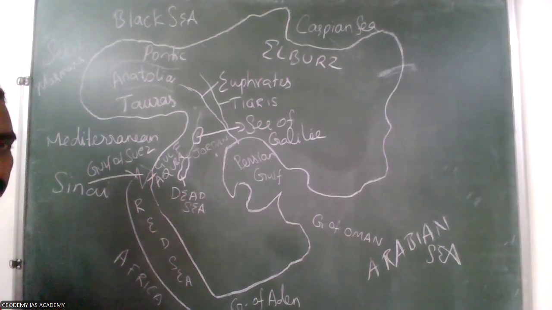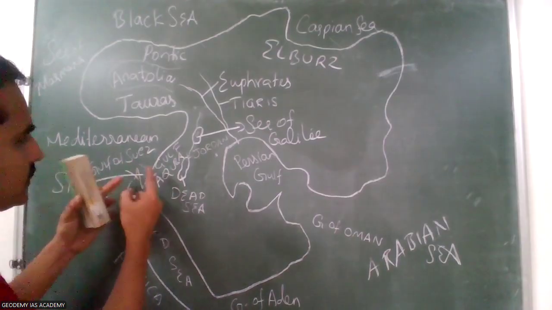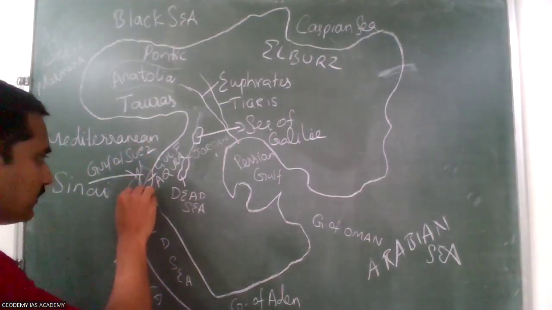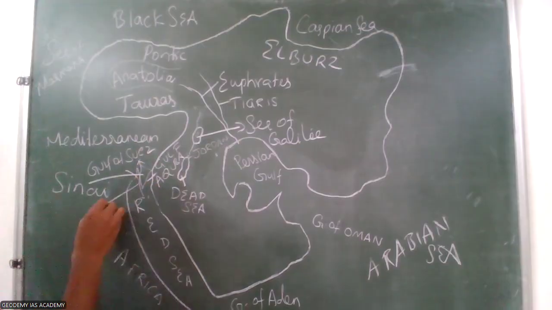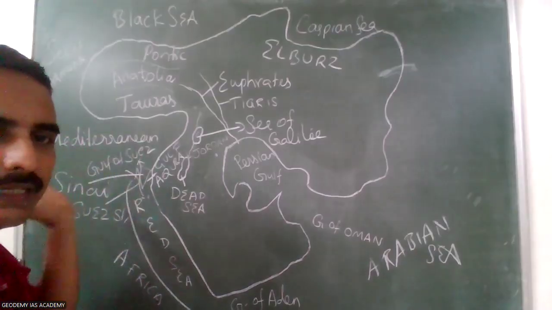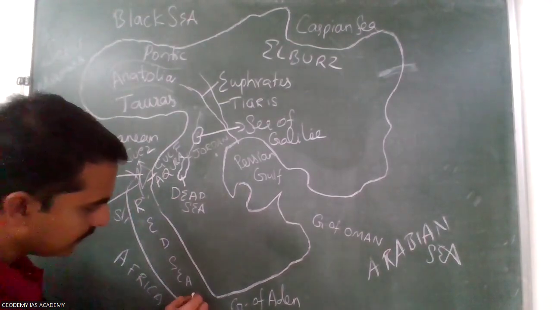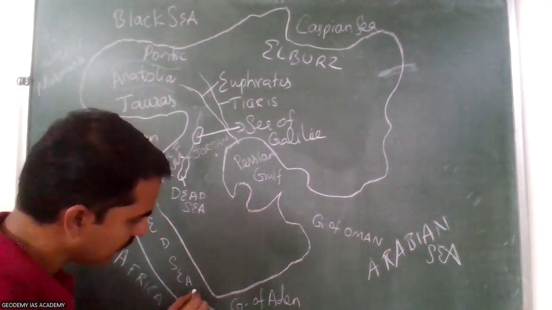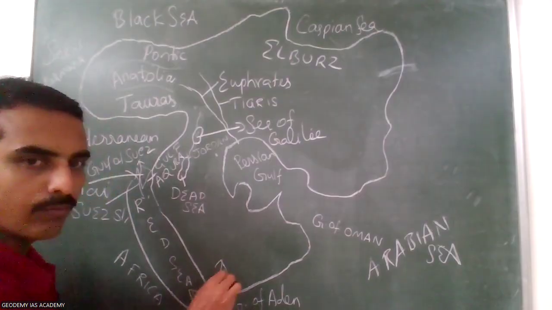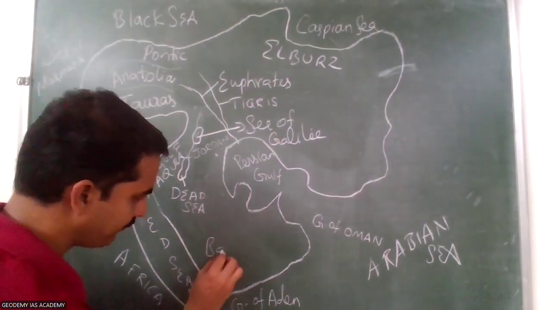Sinai Peninsula belongs to Egypt. Through this comes the Suez Strait, which connects Red Sea and Mediterranean Sea. And the Red Sea and Gulf of Aden, particularly the Arabian Sea, are connected by the strait called Bab el Mandab.